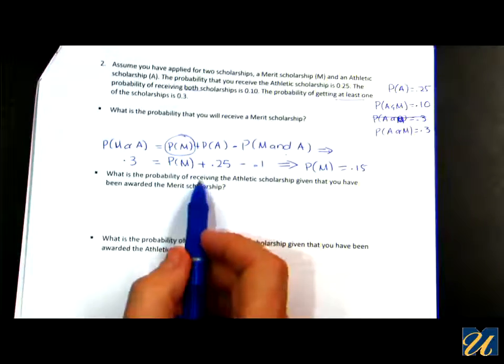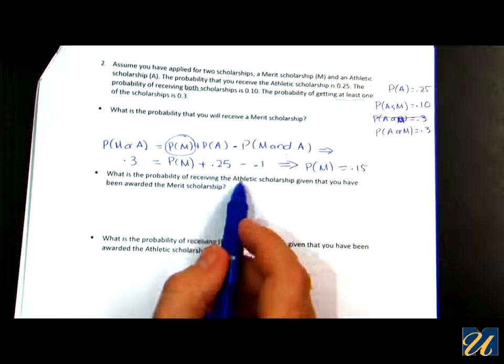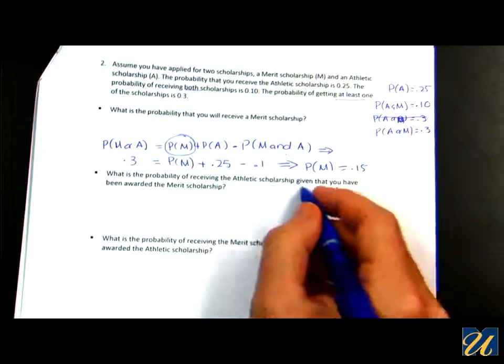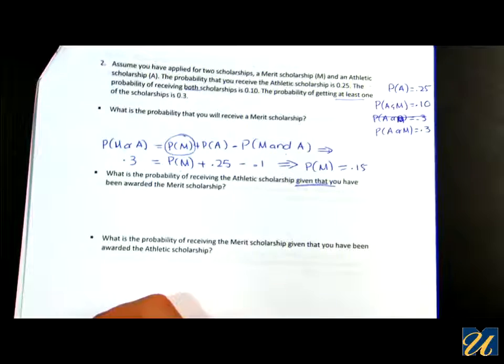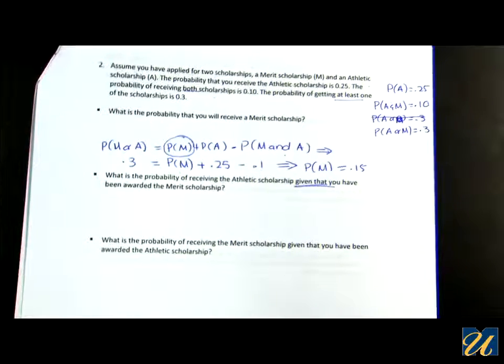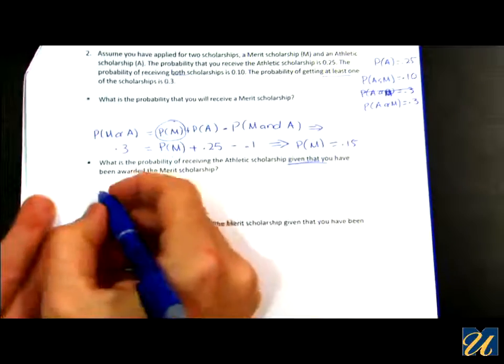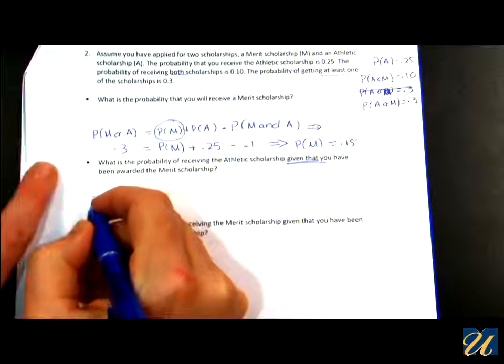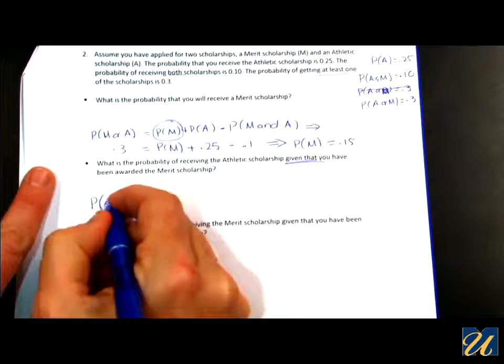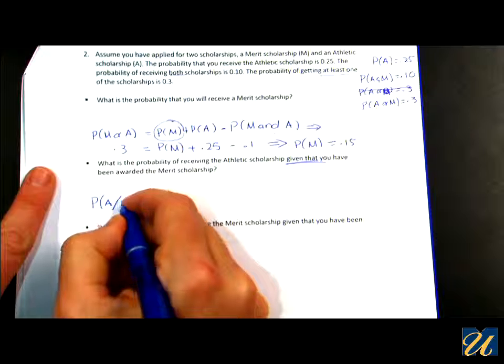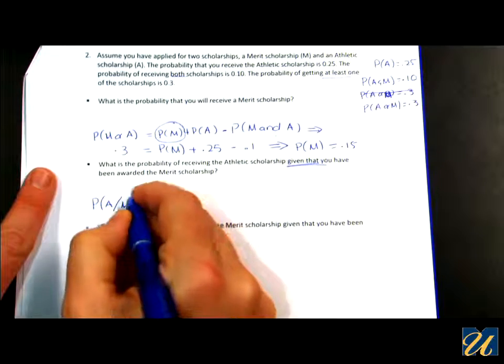What is the probability of receiving this athletic scholarship given that you have been awarded the merit scholarship? This has to do with writing the probability you're looking for correctly. So you are looking for the probability of receiving an athletic scholarship given that you have already been awarded a merit scholarship.